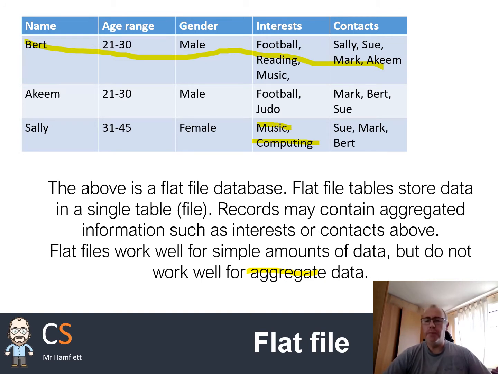So those are two things put together, and we're storing it in what we'd call a single cell, a single block of information. Now, in database theory, that's actually a really bad thing to do. There are many reasons for that, which we'll get onto later. But when I say aggregate data, that's what I mean, and that becomes really important when we start looking at first normal form. Okay, so those are some initial ideas.